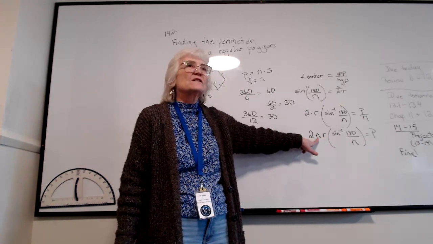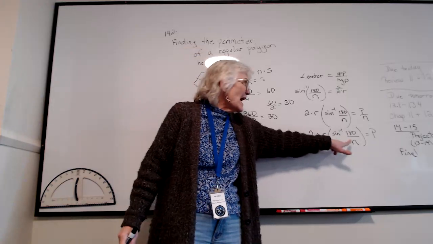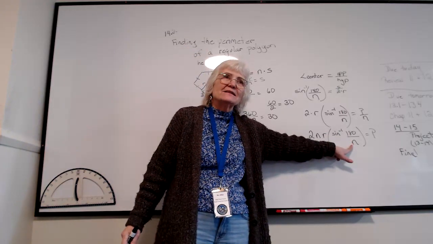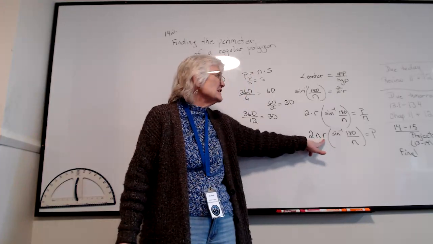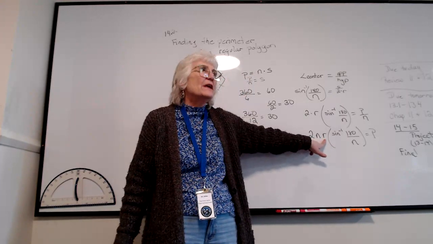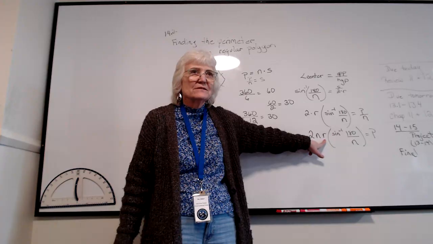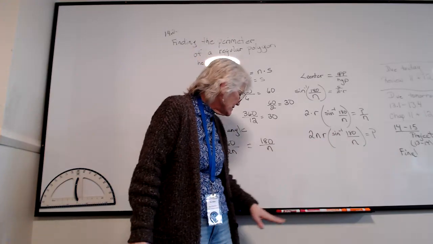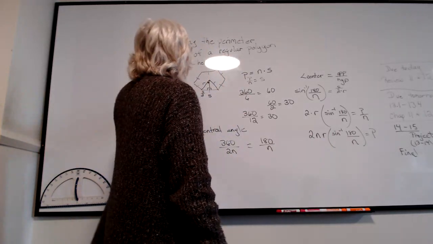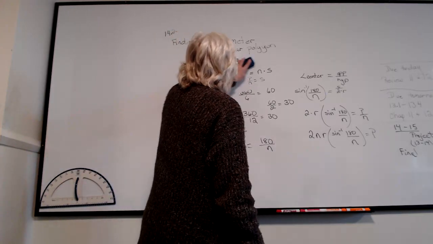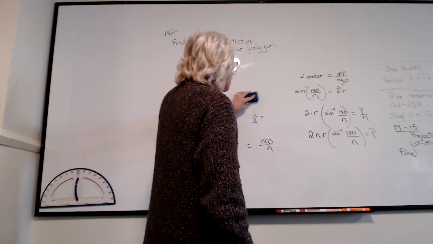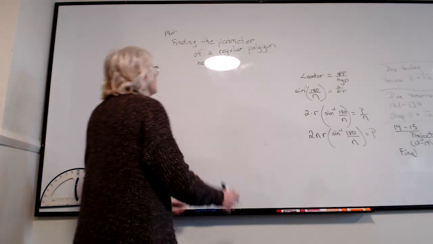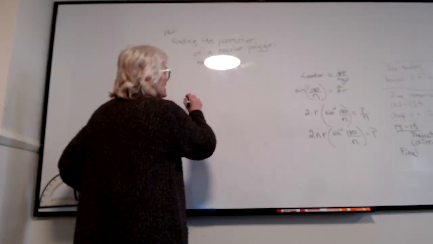Because this deals with the number of sides, we can all find that. We just need to know what the radius is and we can find the perimeter. Now they write it a little bit different. What you will see in the book is 2 capital N r equals the perimeter of your regular polygon, because they give a special name to some of this.